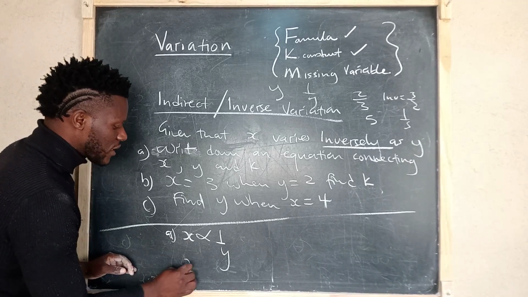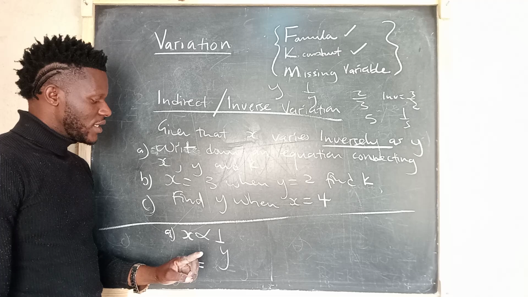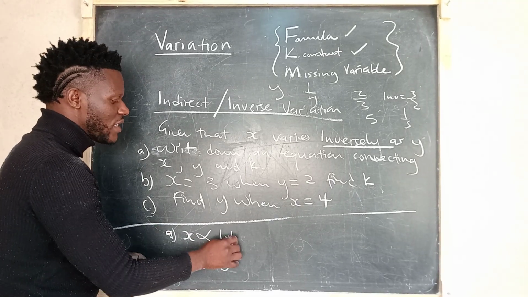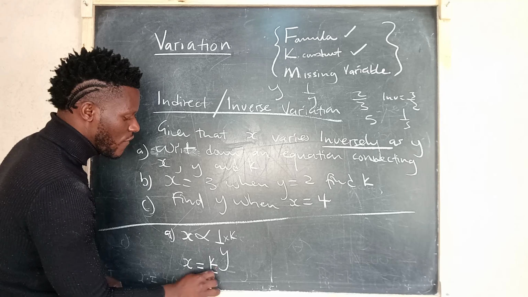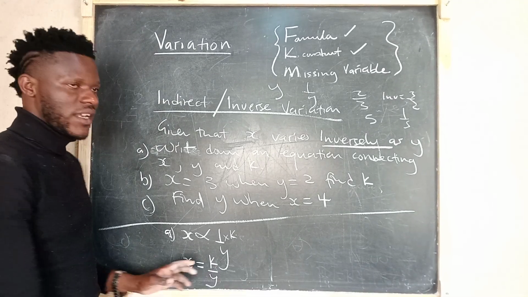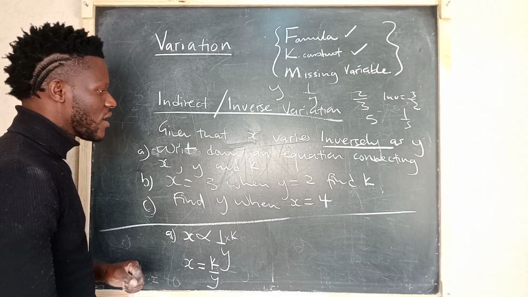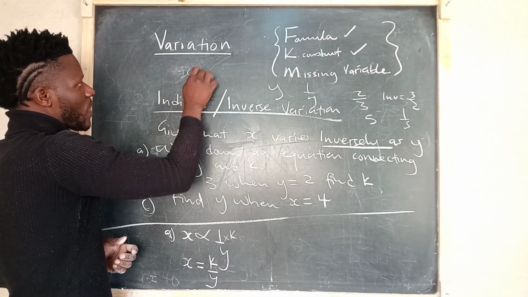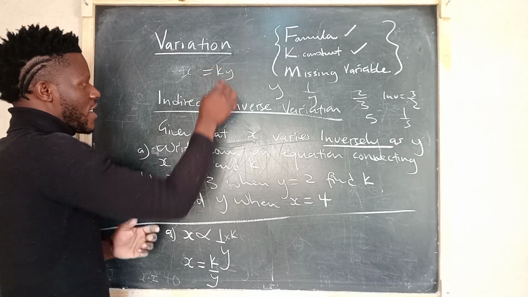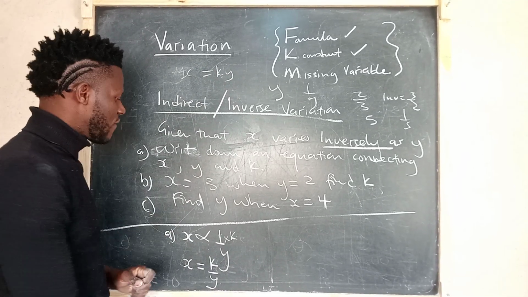That is, x is equal to, when introducing constant k, it must multiply the numerator. That is 1 times k over y. This is the difference between direct variation and indirect variation. The formula for direct variation was x equals k y. But in this one, y becomes the denominator, that's being inverse.